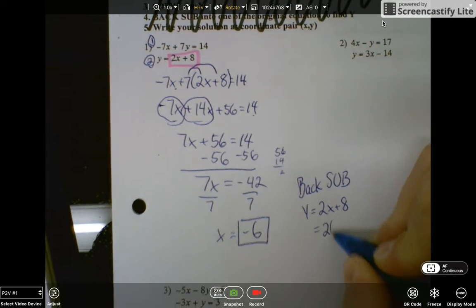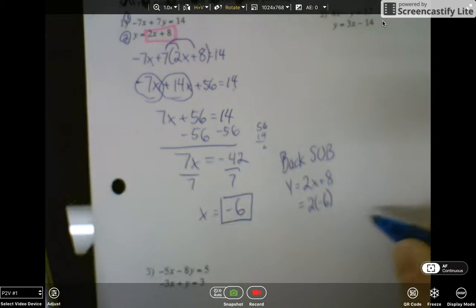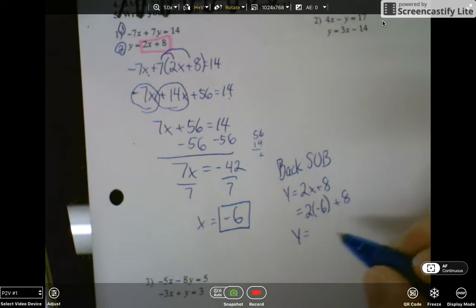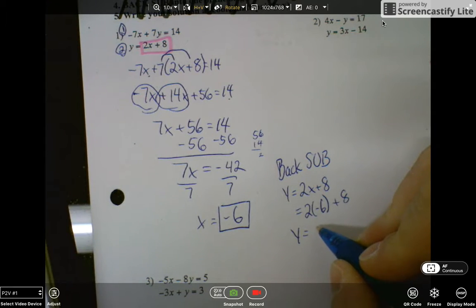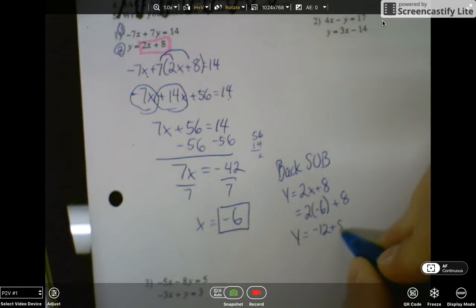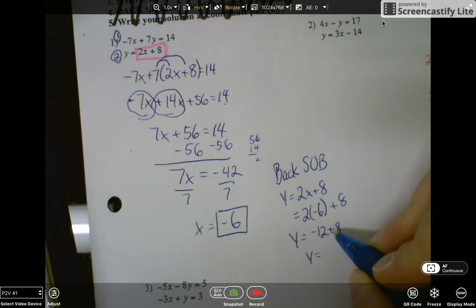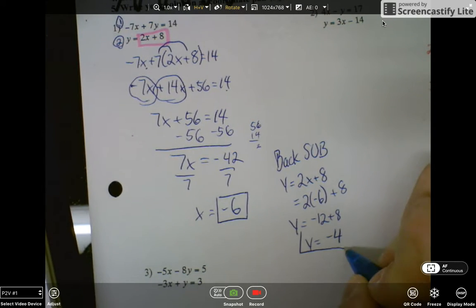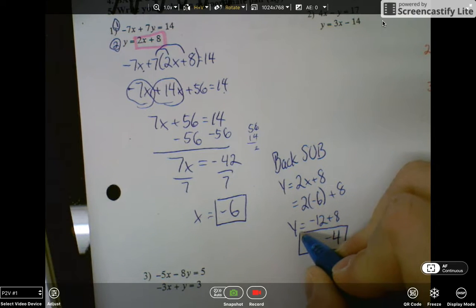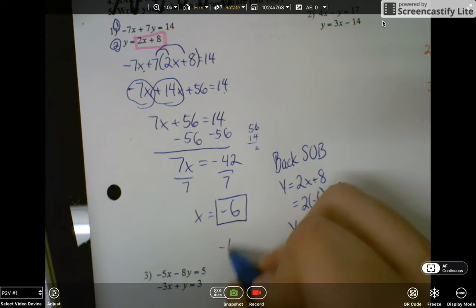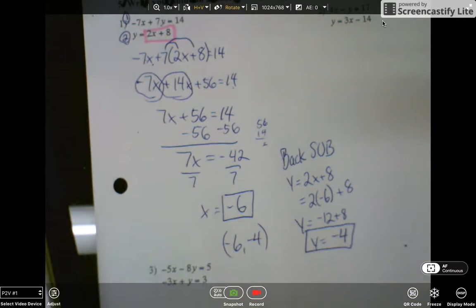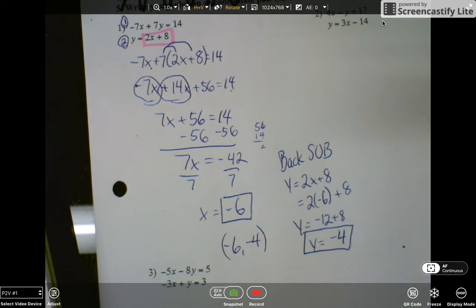So that equals 2 times negative 6 plus 8. So y equals negative 12 plus 8. y equals negative 4. So my solution here is negative 6, negative 4. That is the first example.